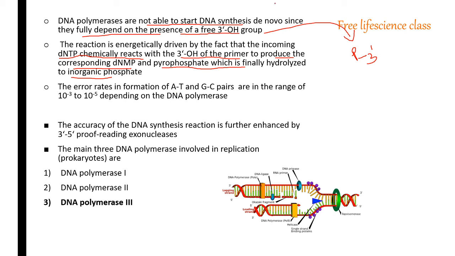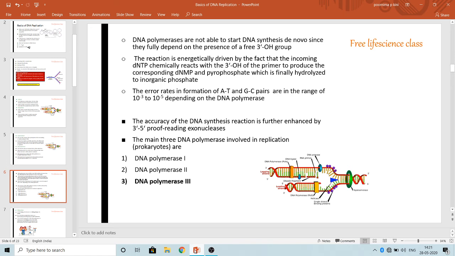That means one phosphate group will be present in between two nucleotides, and two phosphates will be released in the form of pyrophosphate. Okay.